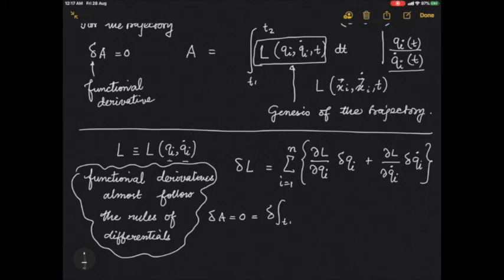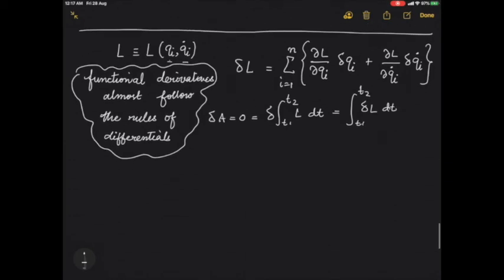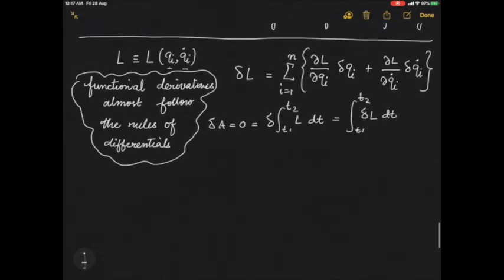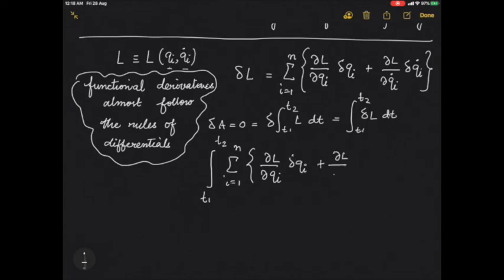Hamilton's principle simply says that delta A equals 0, which essentially tells you delta of the integral t1 to t2 L dt equals 0, which is the integral of t1 to t2 delta of L dt. And now I can put delta of L from what we have just calculated. So we get the integral t1 to t2, summation over I equals 1 to n, delta L delta qi equals 0.